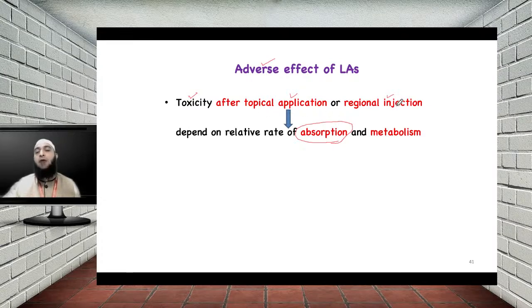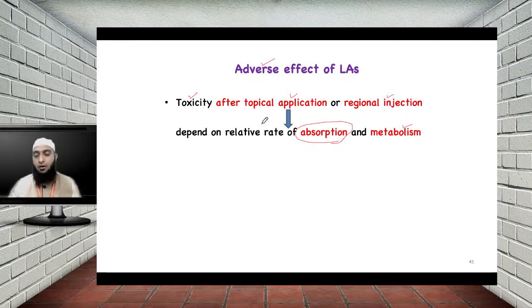Here also, you may have given the injection at the regional level, not through the IV route, but still the drug may be absorbed from that region into systemic circulation. So the first thing is absorption, and the second is metabolism. If a drug is quickly metabolized, then obviously it is going to be excreted also.